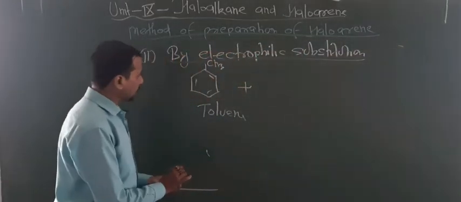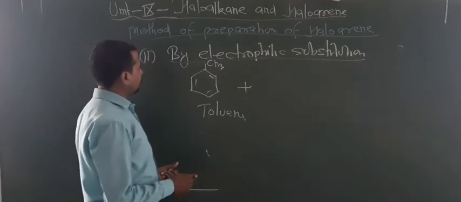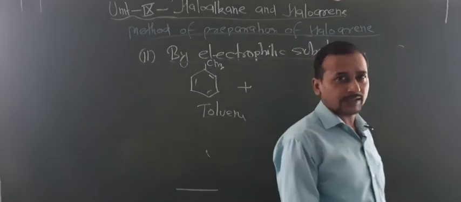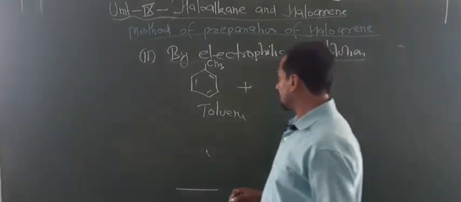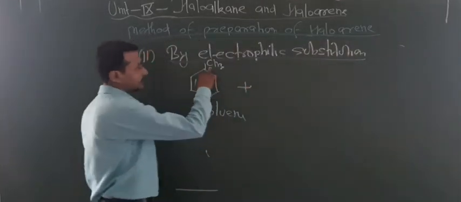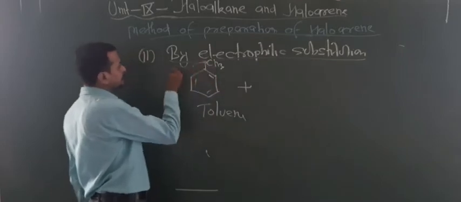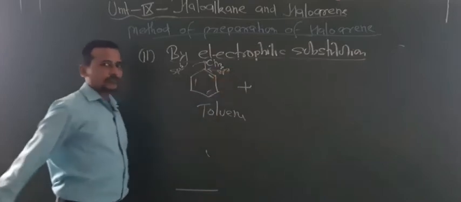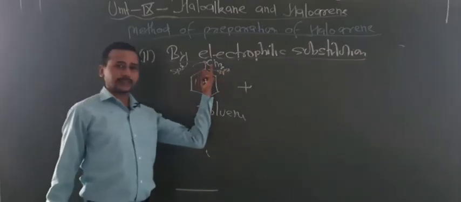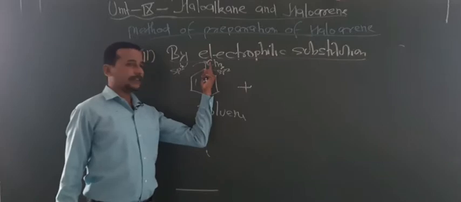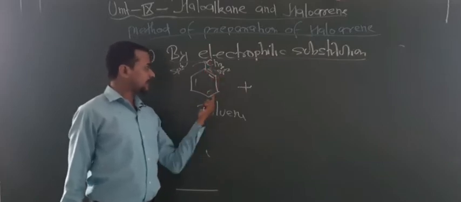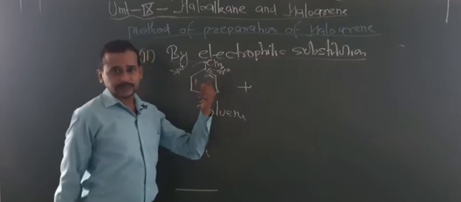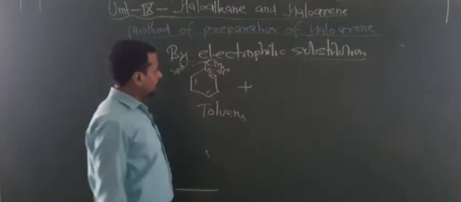This I told you in the general concept of organic chemistry. Look here, this carbon is sp3 and this carbon is sp2. Due to this, it shows hyperconjugation and increases the electron density at the ortho and para positions. So that's why an alkyl group attached to the benzene ring has an ortho para directive influence.